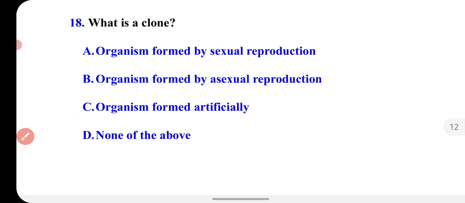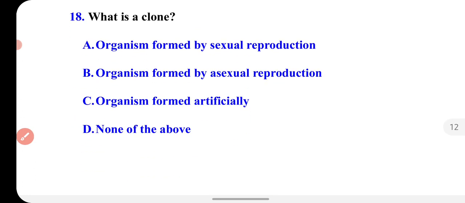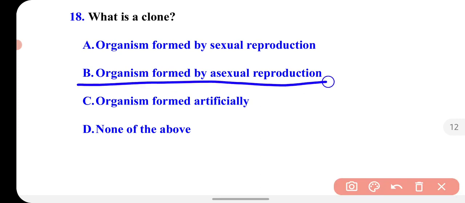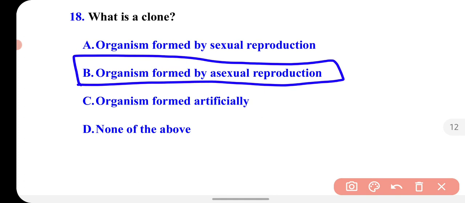Now the next question is, what is a clone? Organism formed by sexual reproduction, organism formed by asexual reproduction, organism formed artificially, none of the above. So clone is a word we use for the organisms that are formed in asexual reproduction. Why do we call it clone? Because clone is something very, very similar to the parent.